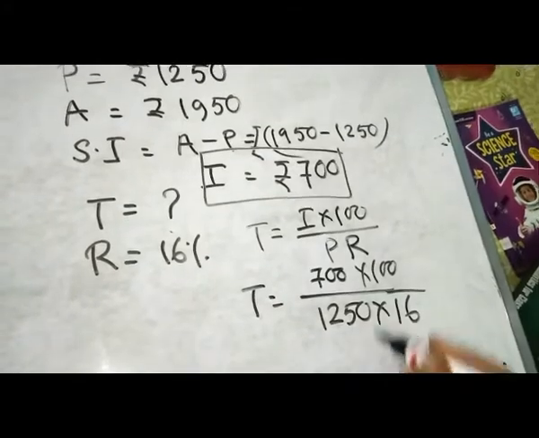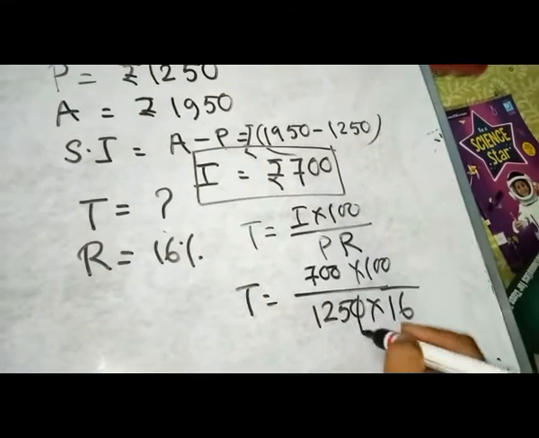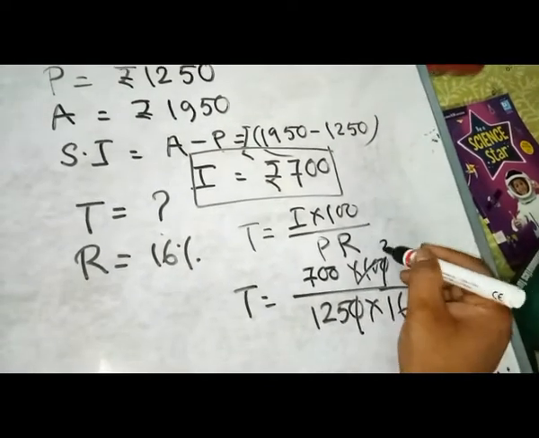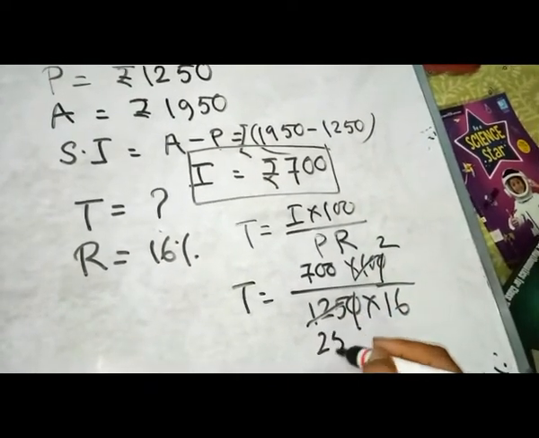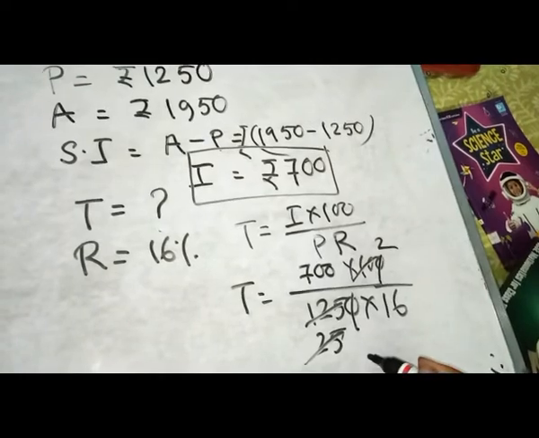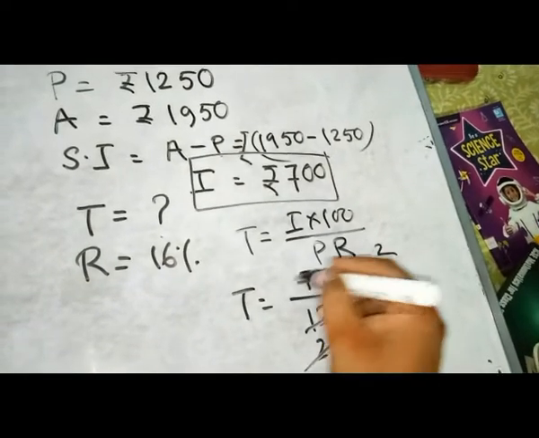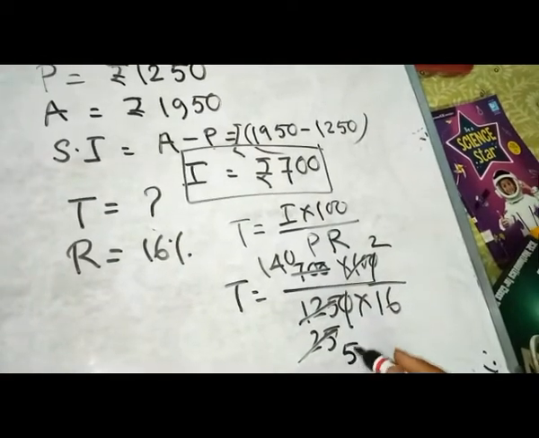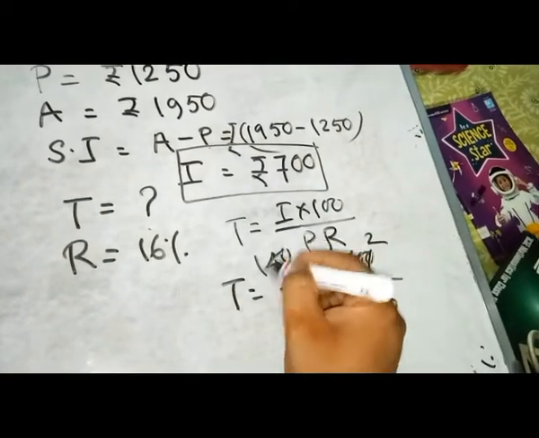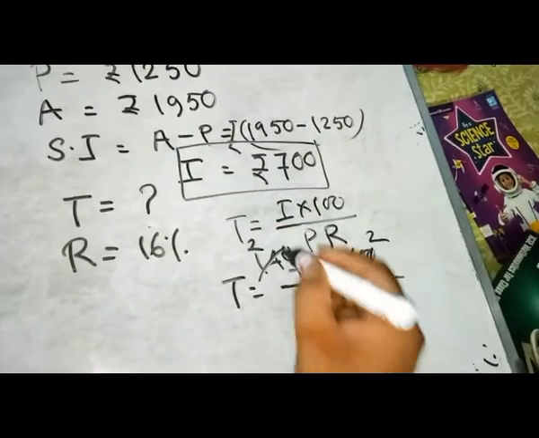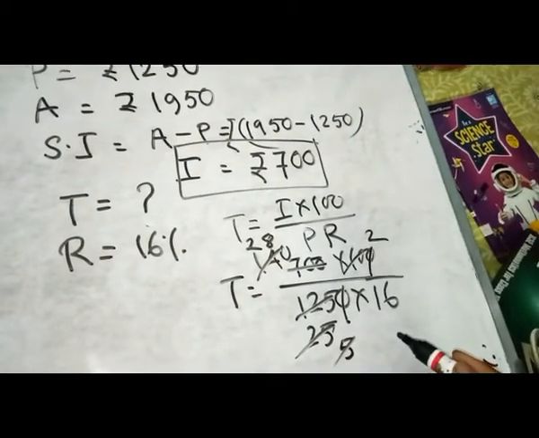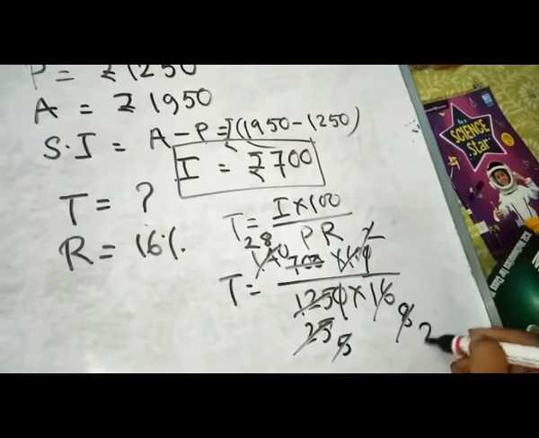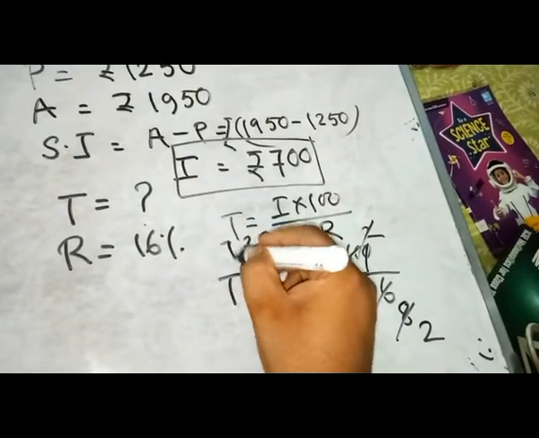Now see how to calculate it. You have to do it this way. This 0 will cut, it will go by the 5. 5 2s are 10, then 5 5s are 25. Then 140, then 28. 2 4s are 8, 2 7s are 14.